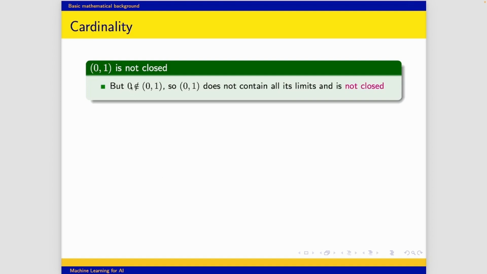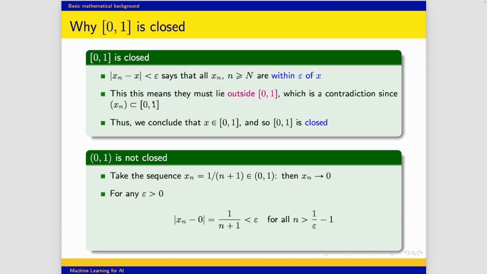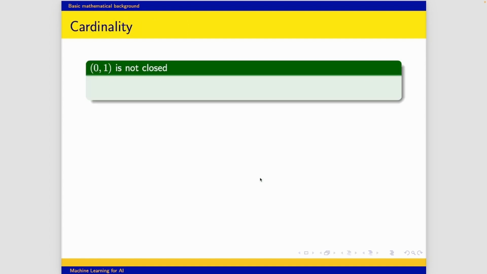The limit point 0 of this sequence doesn't lie in our set 0 to 1, which excludes the point 0 and the point 1. Crucially, we're excluding the point 0. And therefore, 0 to 1 cannot be closed because it doesn't include all of its limit points.